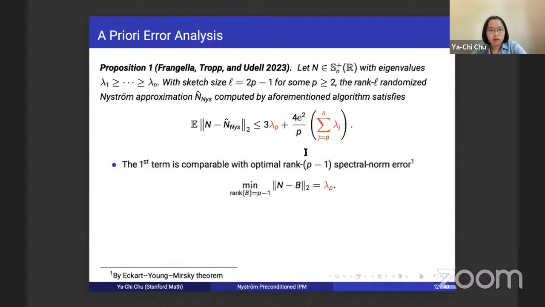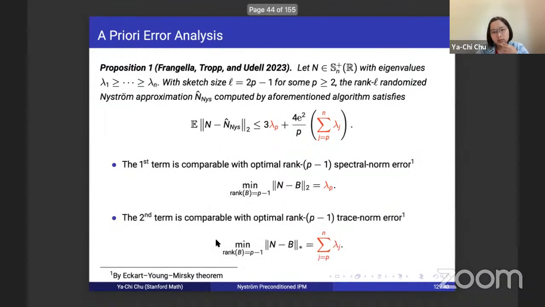By the Eckart-Young-Mirsky theorem, the first term is comparable to the optimal rank p minus 1 spectral norm error, which means that if we want to use some rank p minus 1 matrix B to approximate N, the minimum possible error we can get is lambda p, the p-th largest eigenvalue of N. And the second term, similarly, is the best trace norm error over all rank p minus 1 matrices. So it is the sum of eigenvalues from p to n.